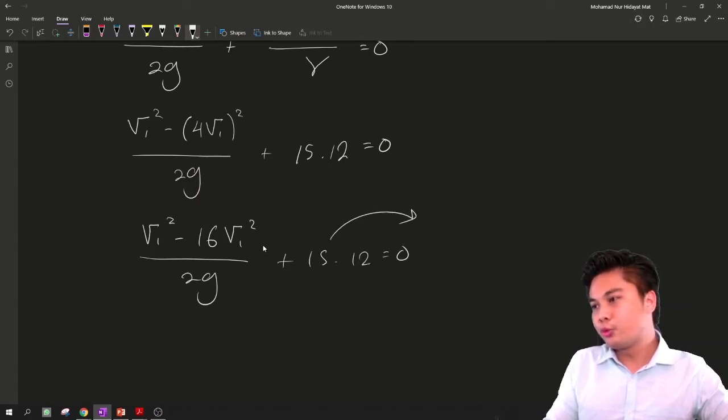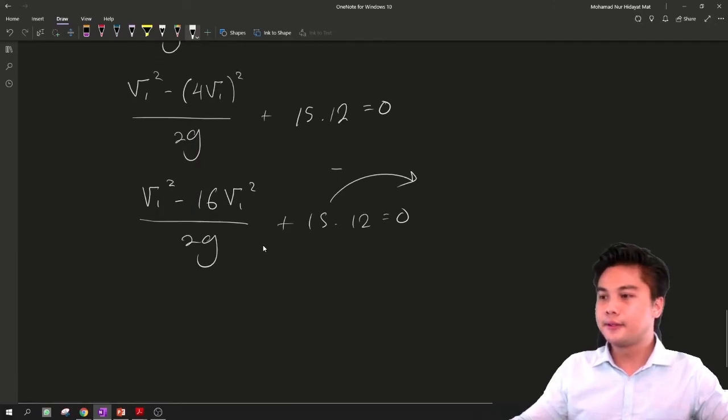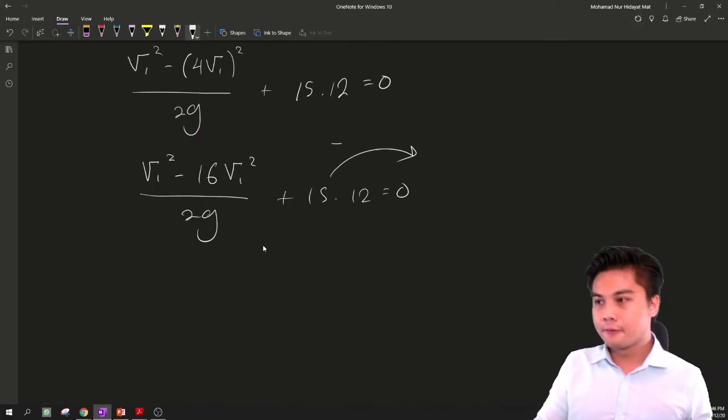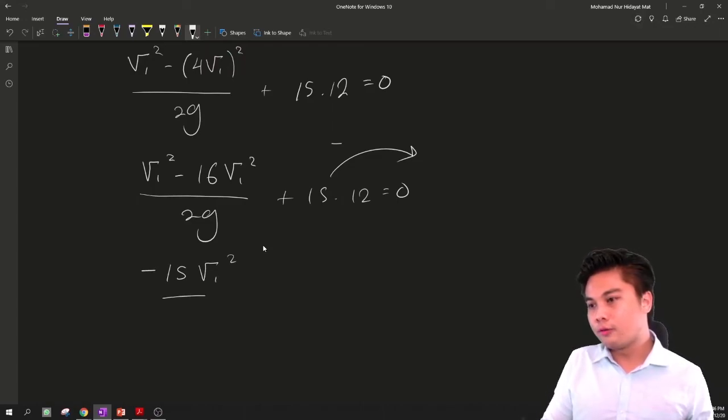This one we move to the other side, becoming negative. 1 minus 16 becomes negative 15 V1 squared over 2g equal to negative 15.12.